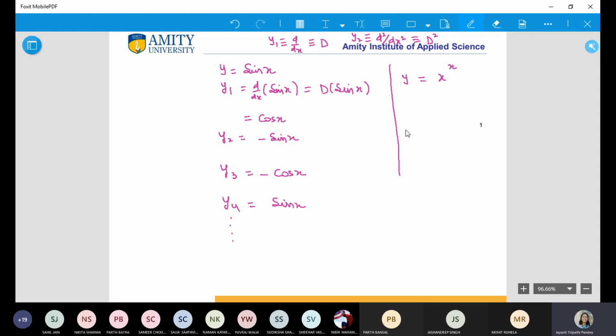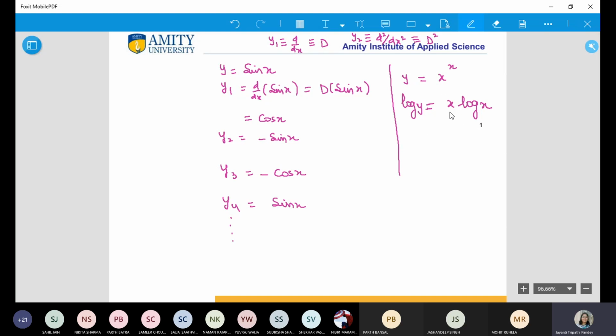If you have y is equal to x to the power x, whenever you have the variable in the power, what is the process? You take log. So log y is x log x. Is it fine? Yes, ma'am.